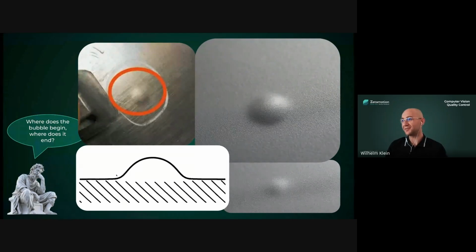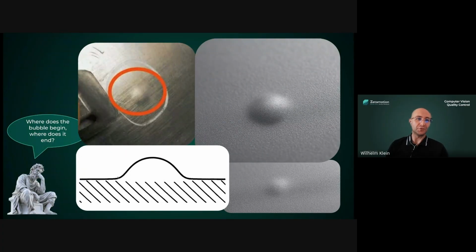And that can be quite a difficult discussion, because as the supplier, you of course want to say we should start measuring only here when it's actually noticeable, when it is beyond what would be a normal, usual, and acceptable deviation in the surface structure.